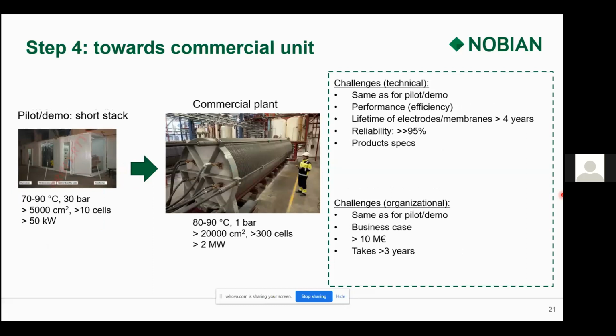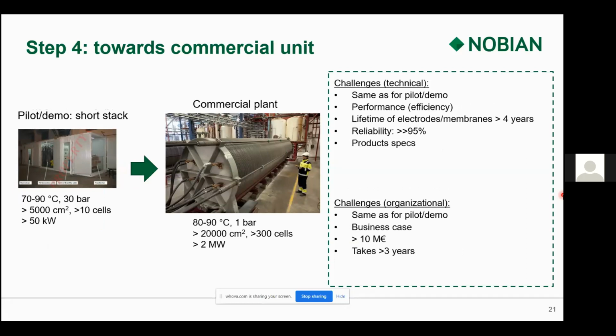Well, to make it clear, this is not yet with this new intensified alkaline technology, but I just want to show you what is needed. So this is actually a commercial plant of Nouryon, but still with the old technology. There, the business case becomes leading, and that means that suddenly performance is really important, lifetime is critical, and also reliability.